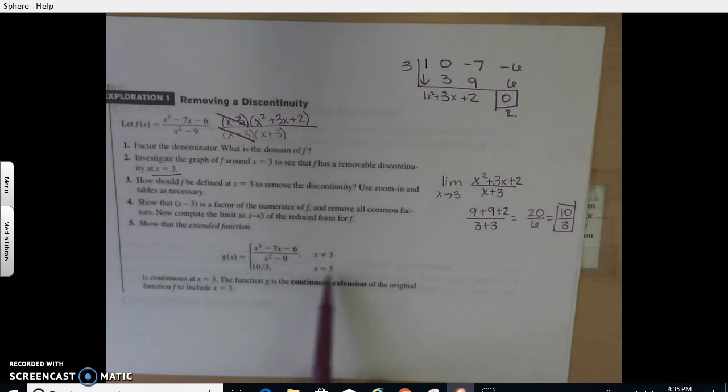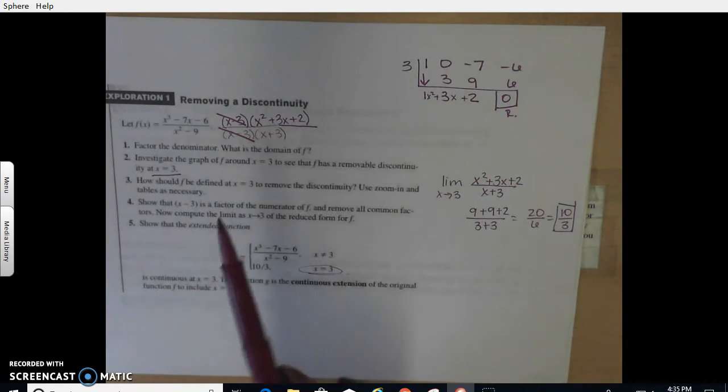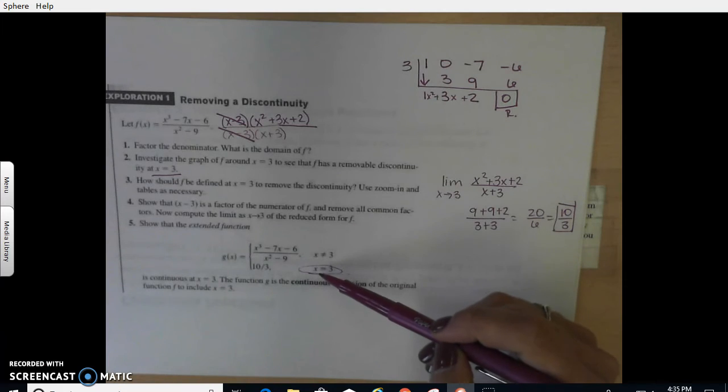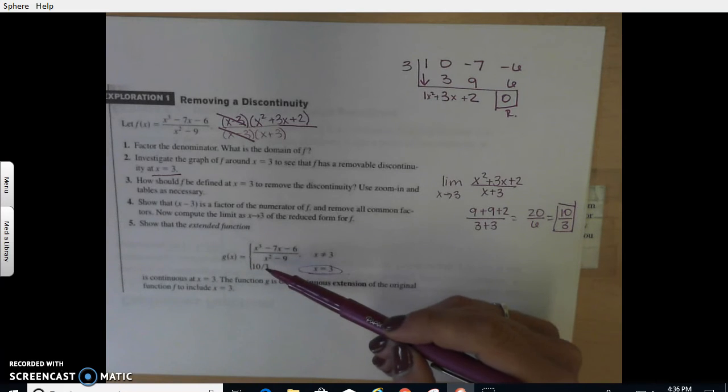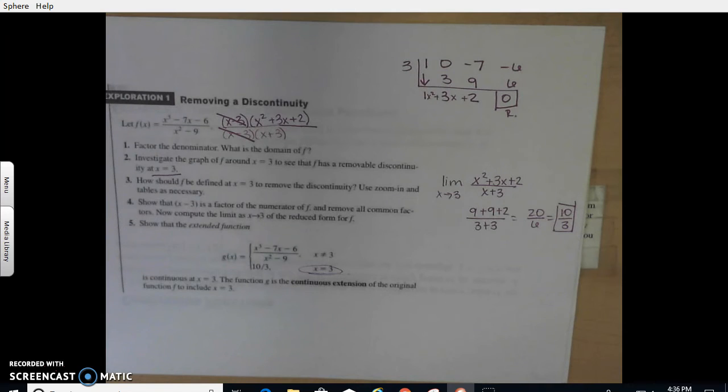But then we could also define x equal to 3, because after we removed it over here, we found that the limit and the value are the same, which is 10 over 3. So if x equals 3, then our value would be 10 over 3. So we would be continuous at x equals 3. And the function g is called the continuous extension of the original function f, so that we could have the included value of x equals 3.